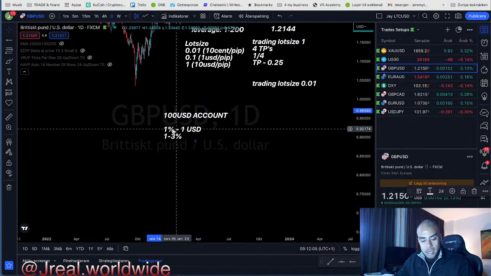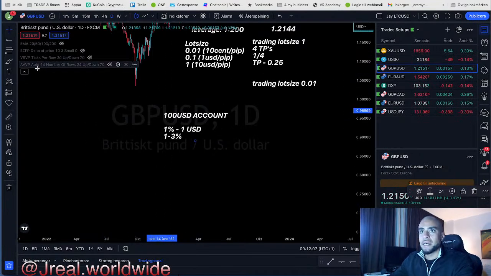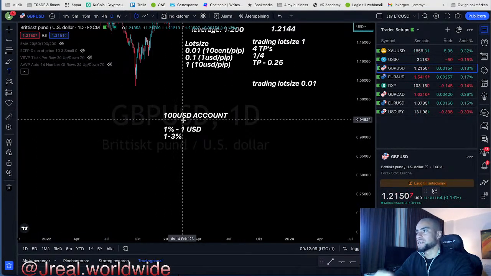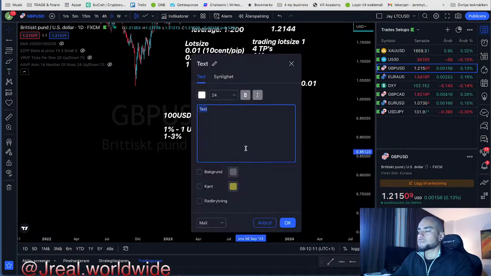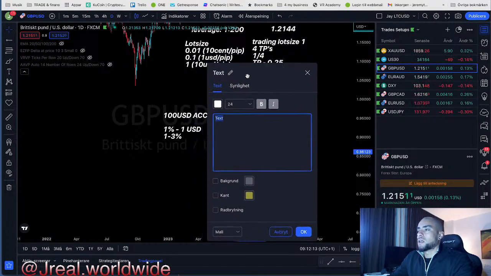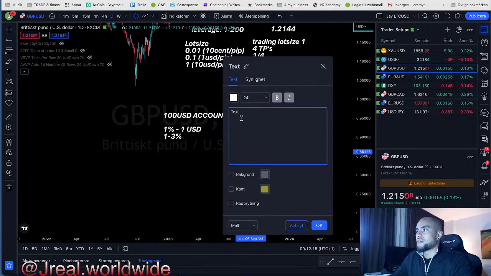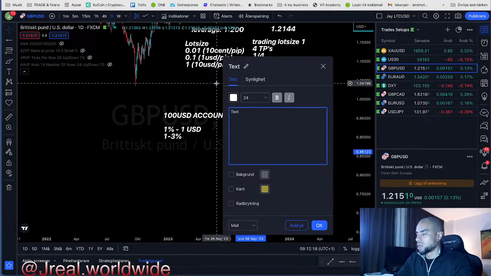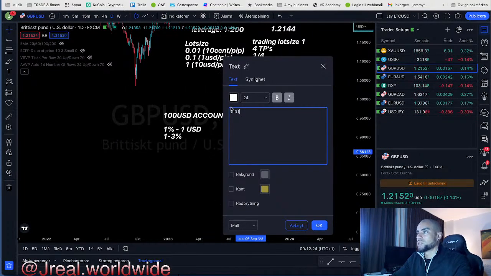All right. So let's say you have a $100 US account, you're trading with a lot size that is 0.01. Now, a lot size of 0.01, what is that? That's a micro lot.